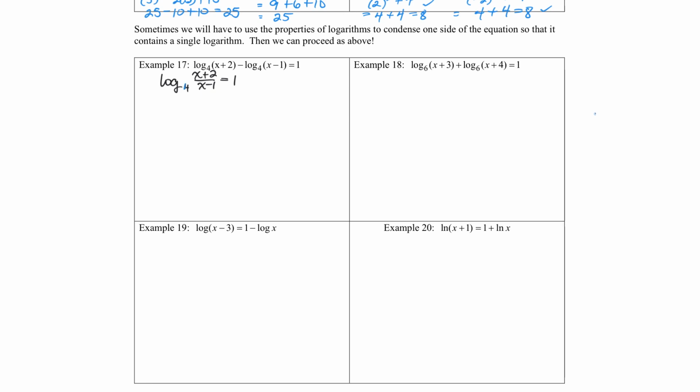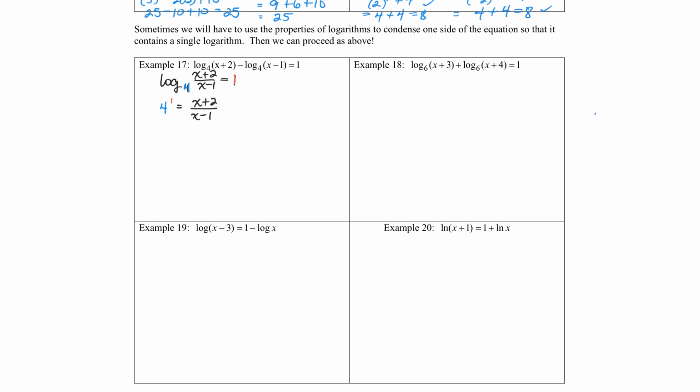So remember that my base is 4, the exponent is going to be 1, and the result of raising 4 to the first power is going to be x plus 2 divided by x minus 1. So this logarithmic equation in exponential form is 4 to the first power equals x plus 2 divided by x minus 1. And of course, 4 to the first power is 4, right?